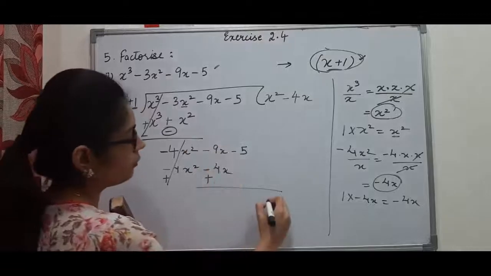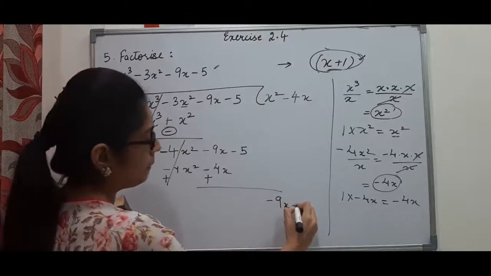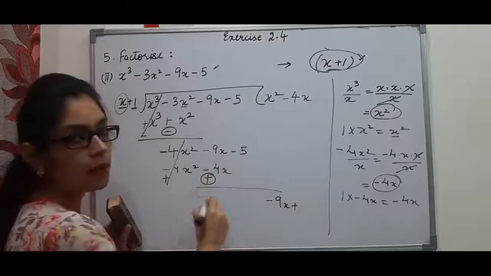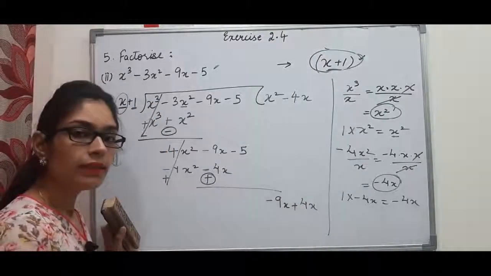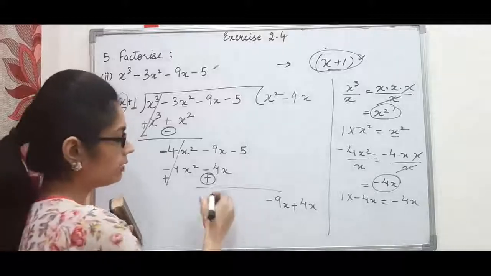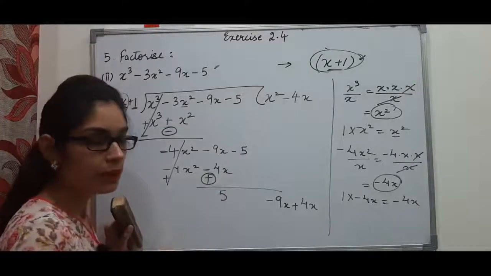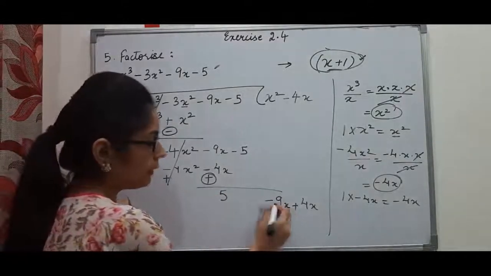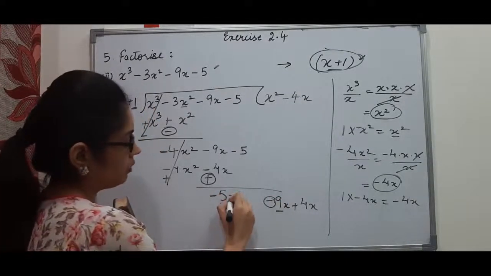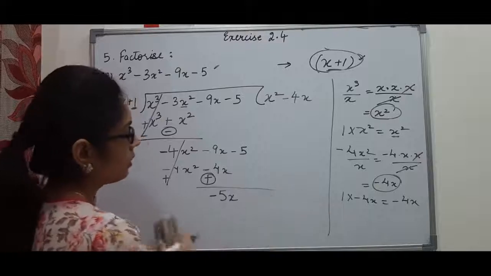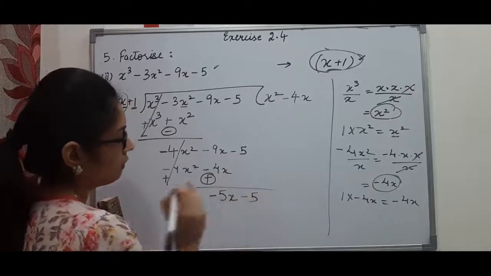Now here I am left with minus 9x plus 4x, which is the sign with this term now. So I know minus plus is minus. So 9 minus 4 is 5, and the sign is of the bigger number. The bigger number is 9, so with 9 I have the minus sign. So here I will write minus sign. x I will write as it is. So minus 5 also I will write.